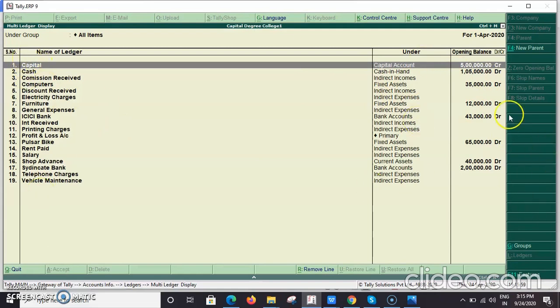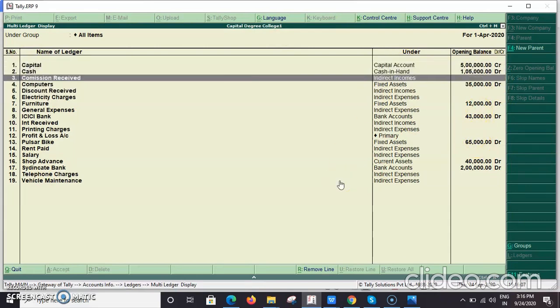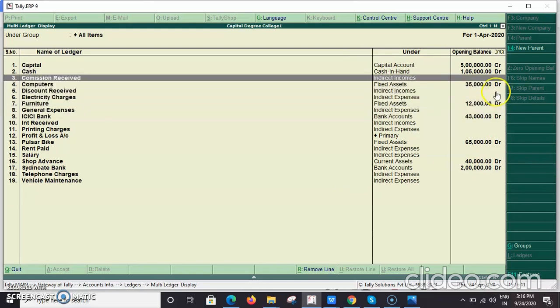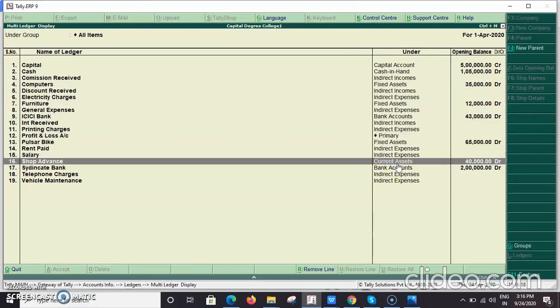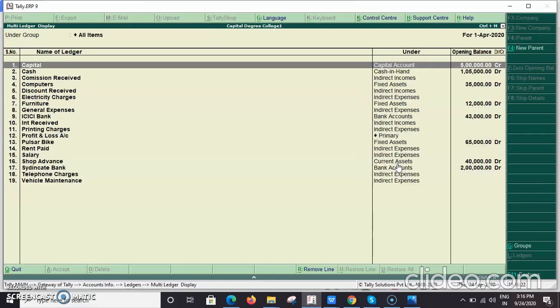These are the required ledgers. For opening balance only I have entered the amount. For expenses I have not entered any. For indirect income, there is no opening balance. We have to enter these at the time of voucher entry.